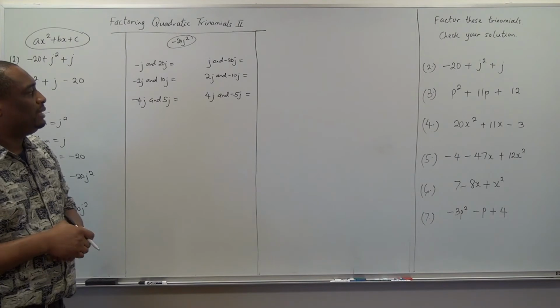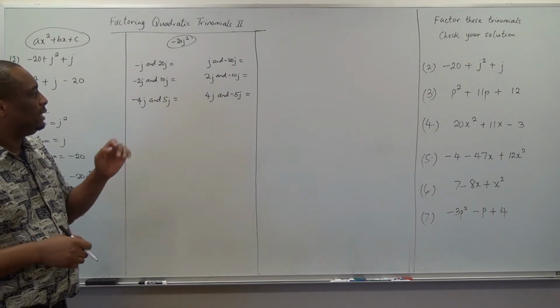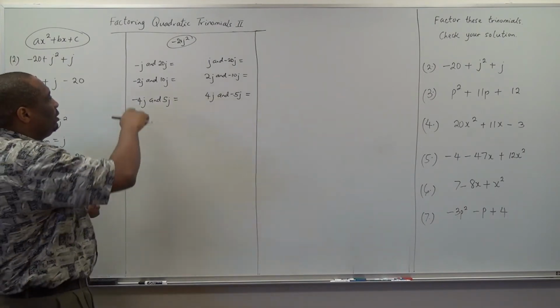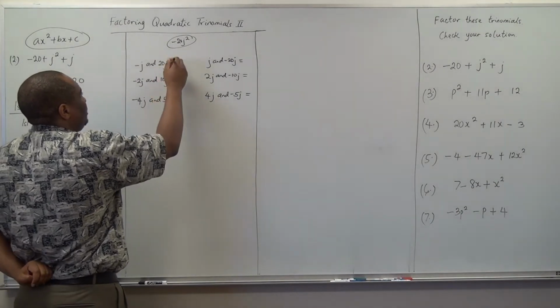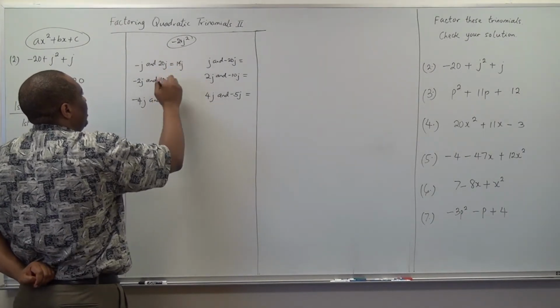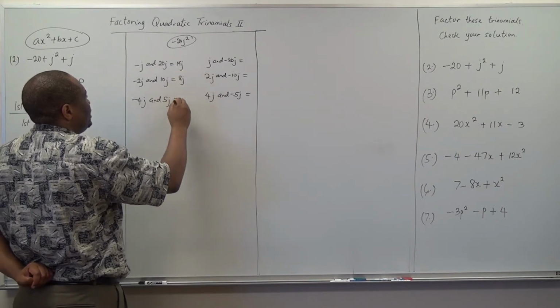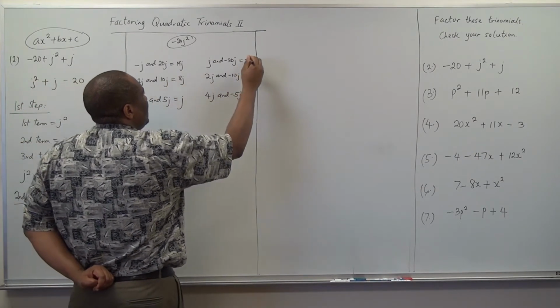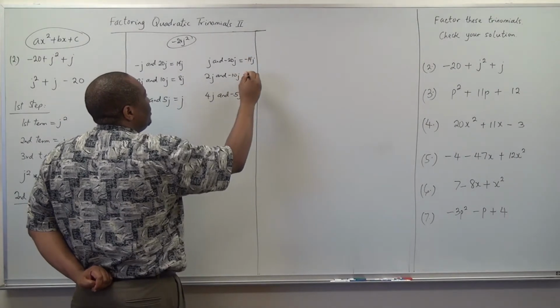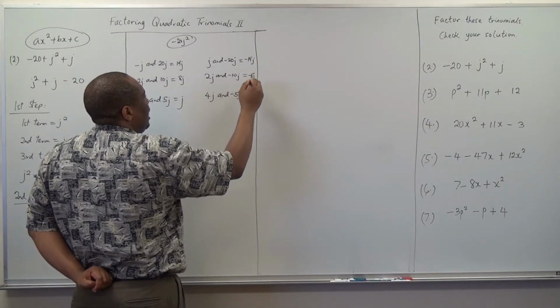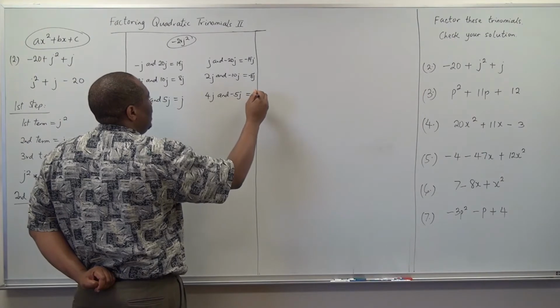If you look at it, I think this is it, right? So let's find, if we add this, this will give us 19j. If we add this, it will give us 8j. This will give us j. This will give us negative 19j. This will give us negative 8j. And this will give us negative j.